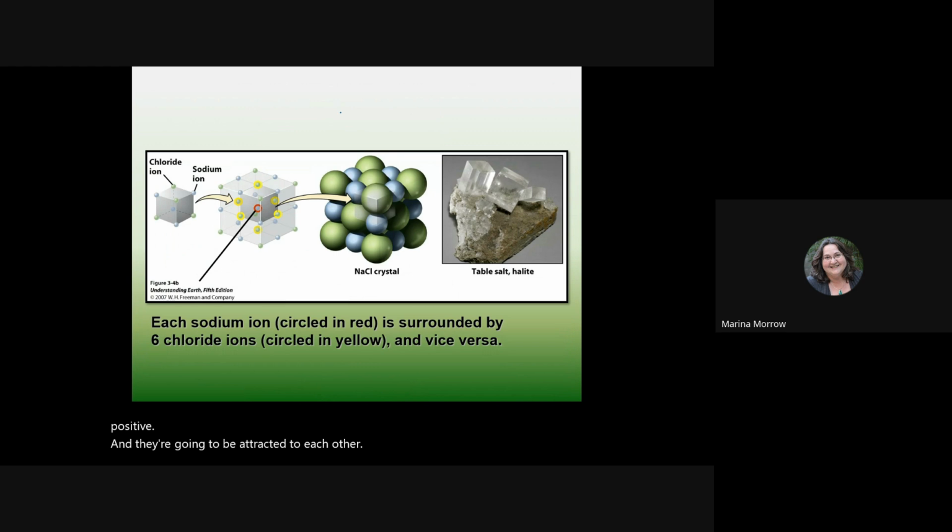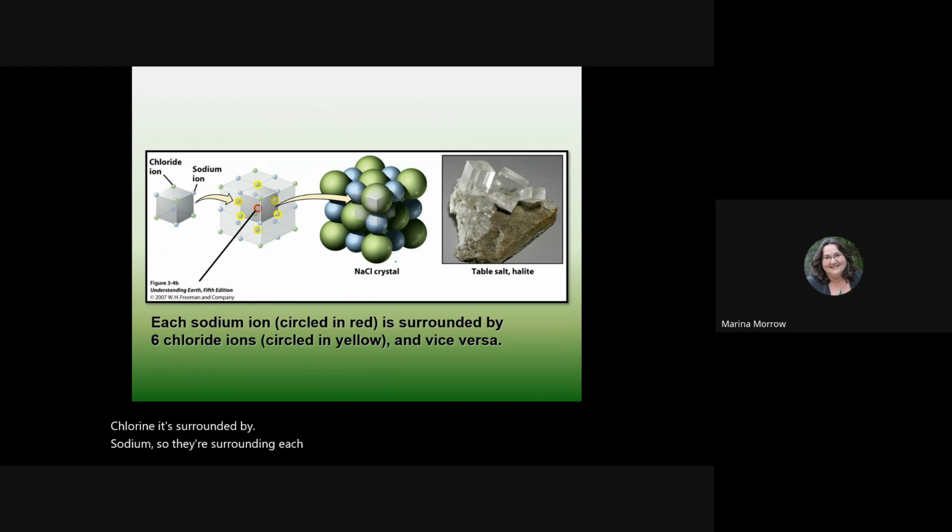Okay, so what happens is in your lump of sodium chloride, each sodium ion, the red circle, is surrounded by 6 chlorine ions. But also, if you look at one chlorine, it's surrounded by 6 sodiums. So they're surrounding each other.